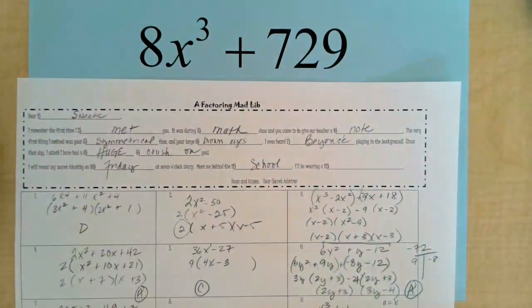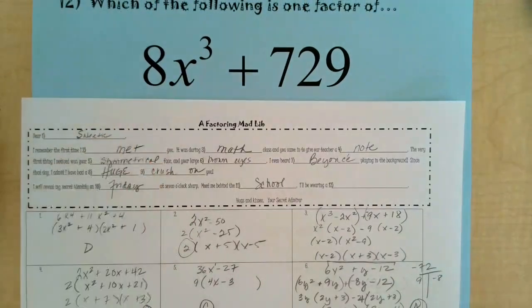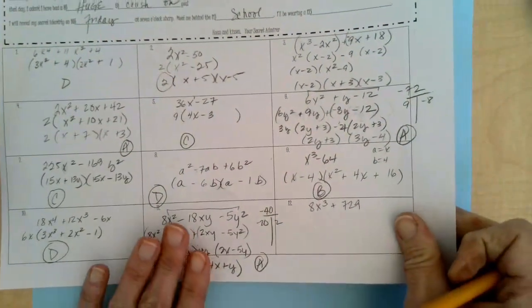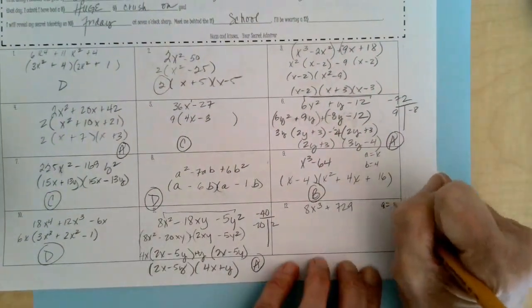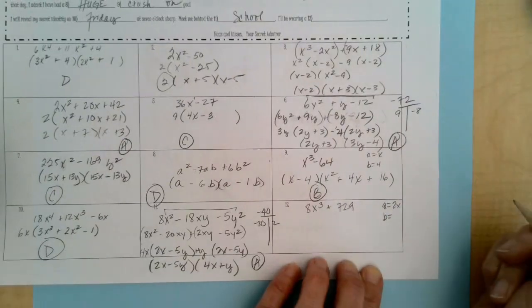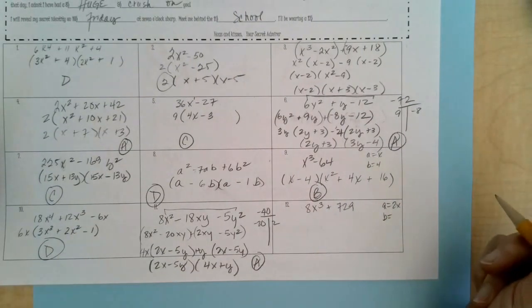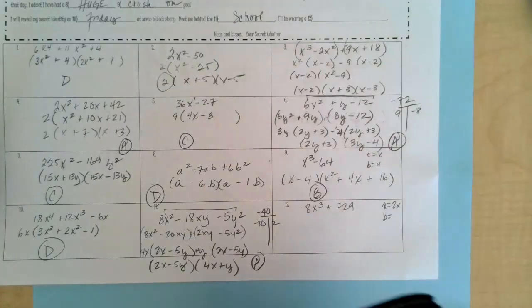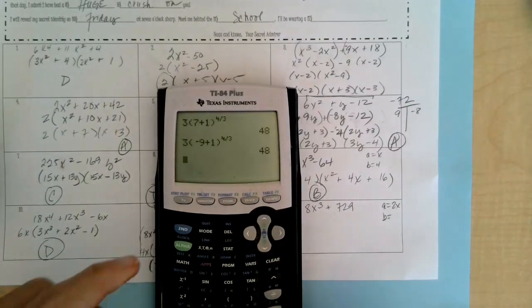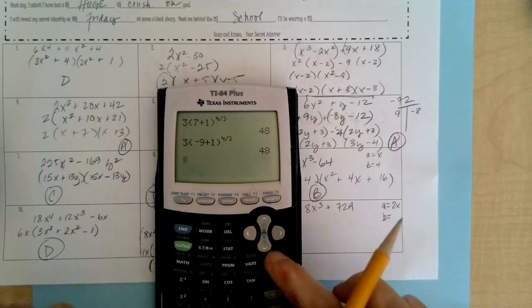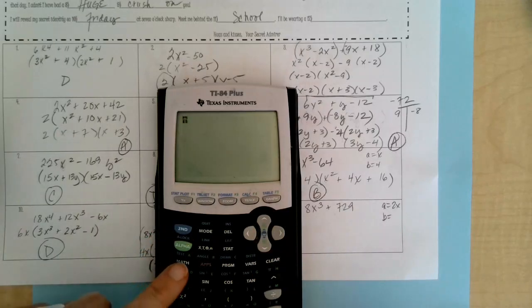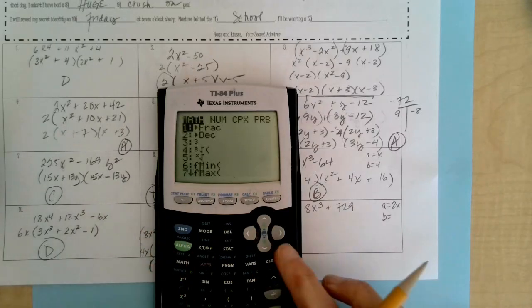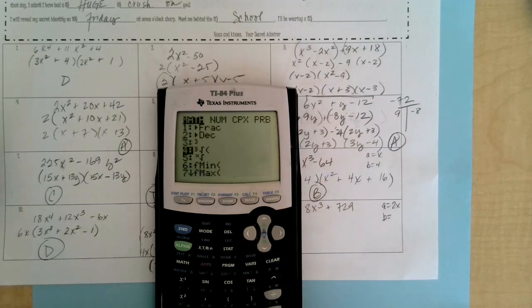All right. Oh, sum of two cubes. I love it. 8x cubed plus 729. So when I go ahead and I work on this one, my A is equal to x and my B is equal to the cube root of 729. And we want the cube root of 729.